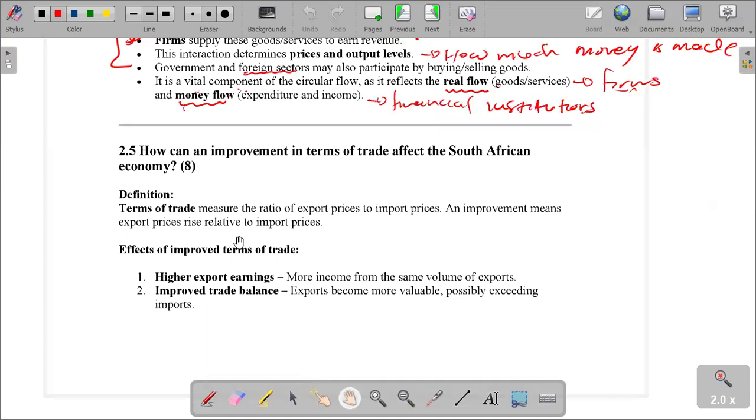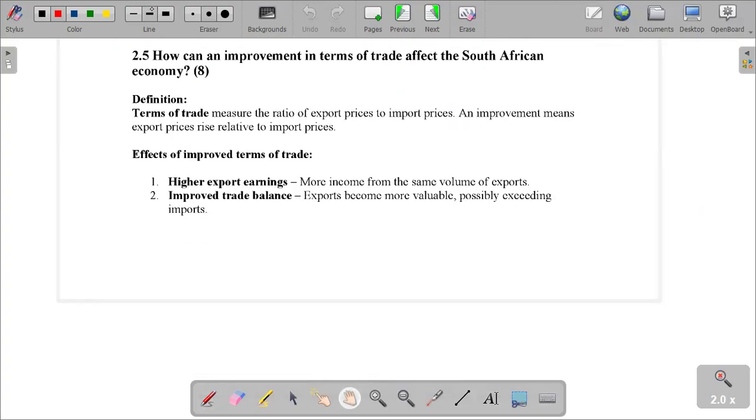First things first, let's discuss what the terms of trade are. The terms of trade measure the ratio of export prices. In simple writing, I'm just going to write it for you here.